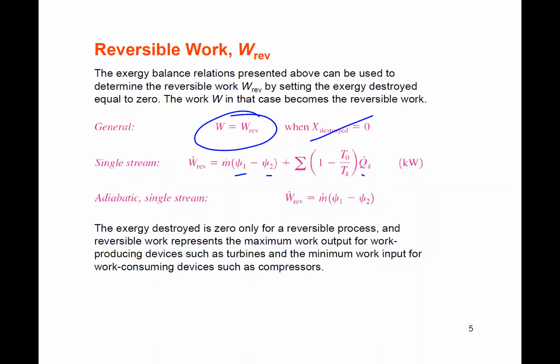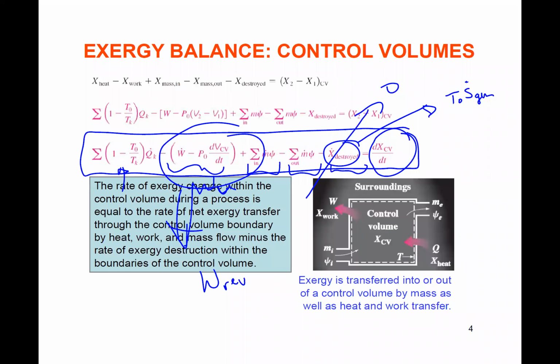This one's showing a single stream, so one inlet, one outlet, and this one's showing adiabatic, where this goes to 0. The other simplification we had for the heat transfer was if Tk is equal to T naught, that's also 0.